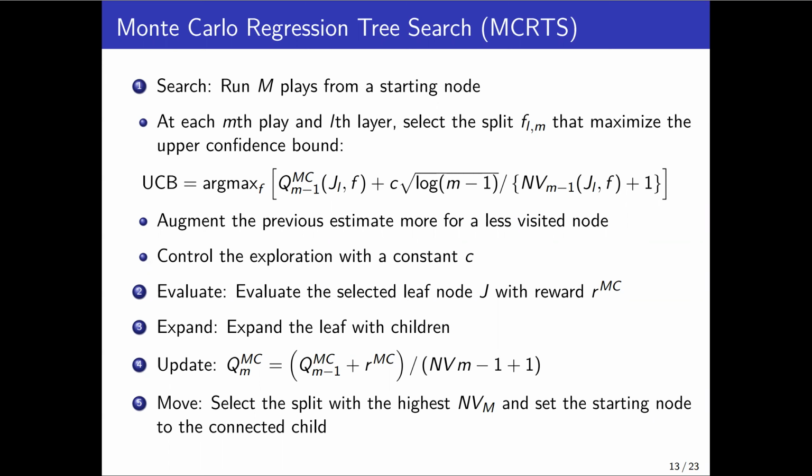Here we augment the previous estimate more for less visited nodes and control the exploration with a constant C. Then we evaluate the selected leaf node with the Monte Carlo estimate of the reward, expand the leaf with the children nodes, and then update the Q function. Lastly, we move: we select the split with the highest number of visits and set the starting node to the connected child.